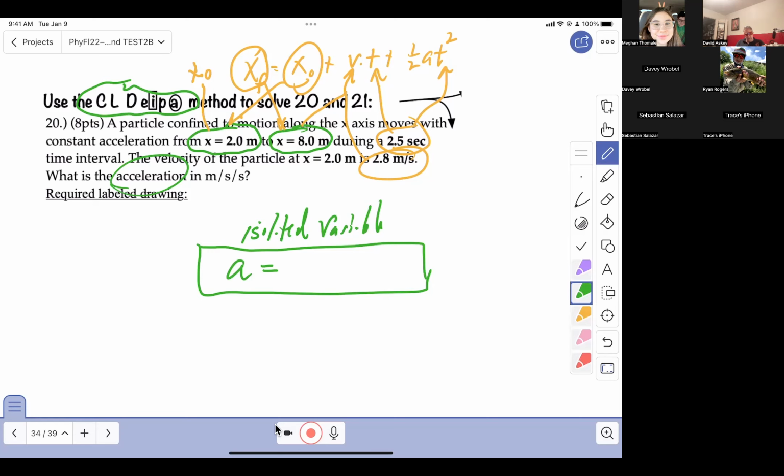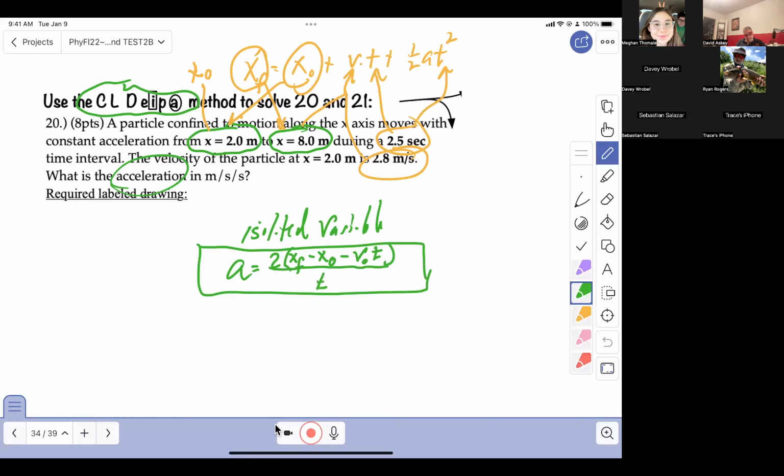I'd have X final minus X naught. First, I get everything over to the left side, minus V naught T. Then I'm going to multiply everything by 2 because I'm trying to get rid of that 1/2. And then I'm trying to get to the T squared, so to get rid of multiplication, you divide.